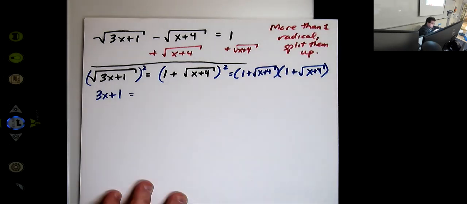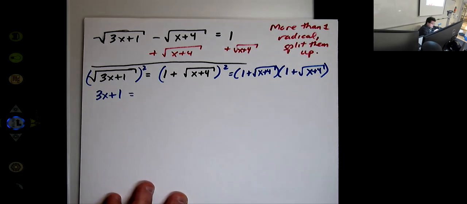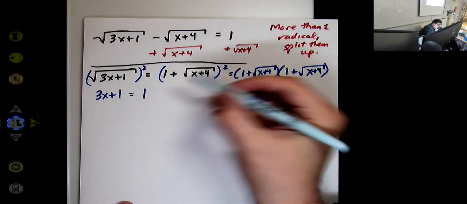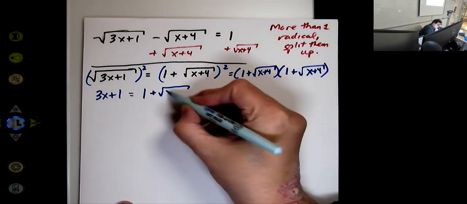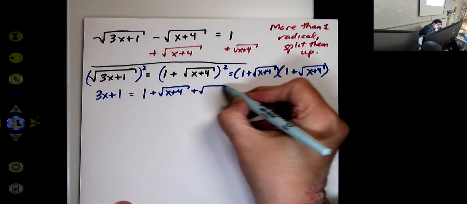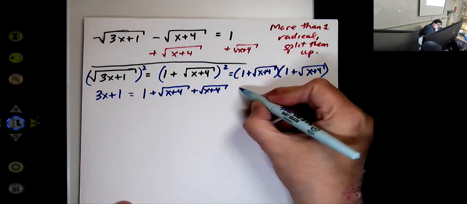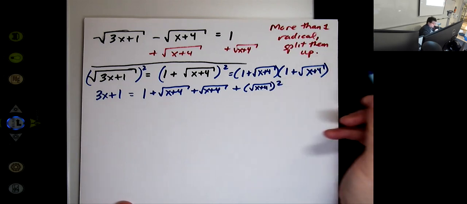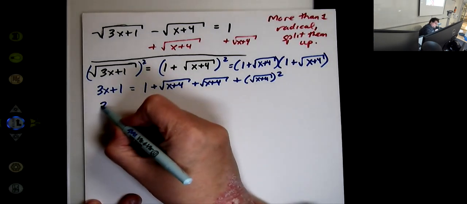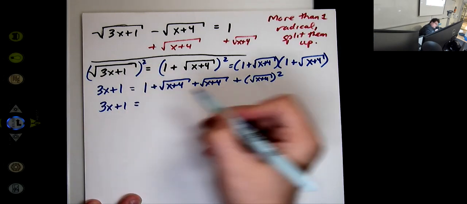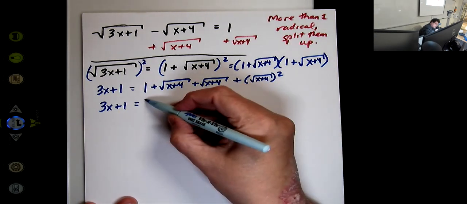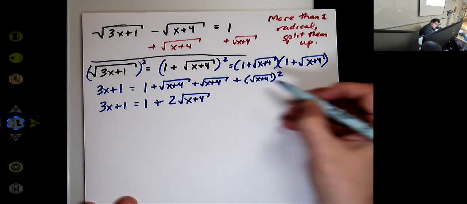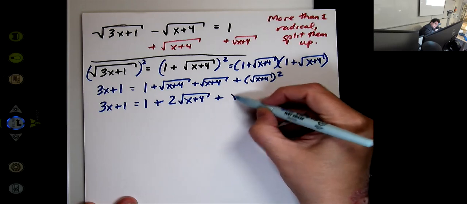If we multiply that out and clean it up a little bit, I get 1 plus 2 times the square root of x plus 4 plus x plus 4.